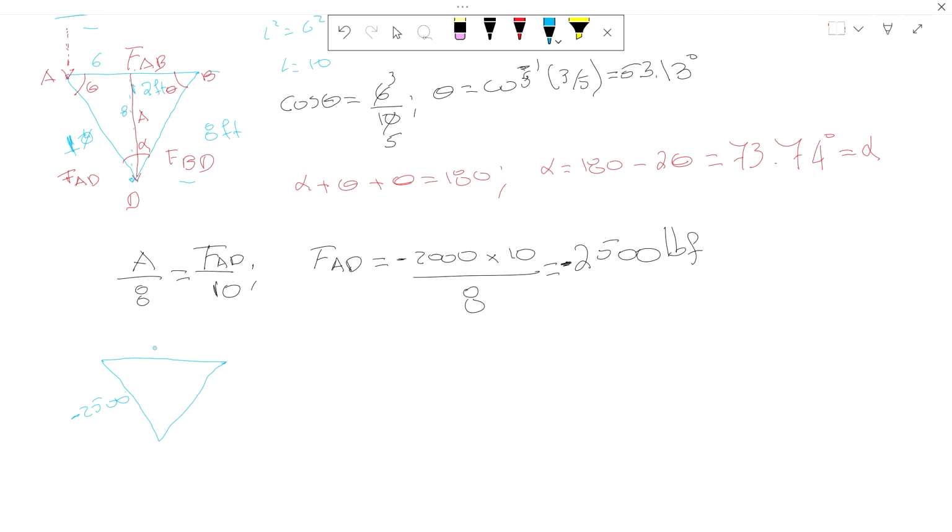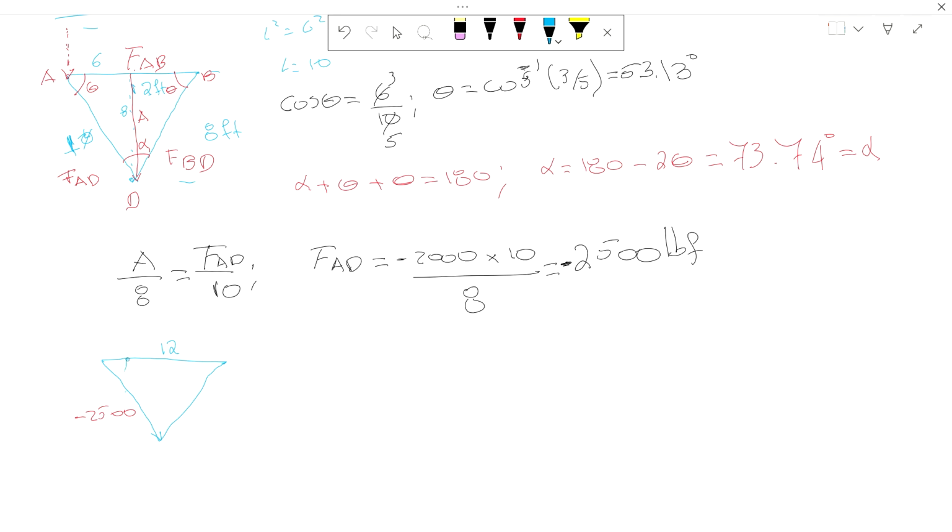We don't know A to B, and we don't know B to D yet, but we have the lengths. We have the magnitude of this whole vector, 2,500, and this is 12.